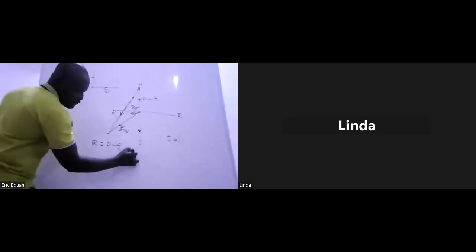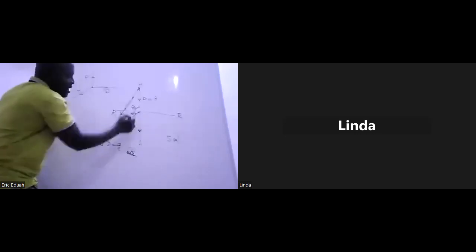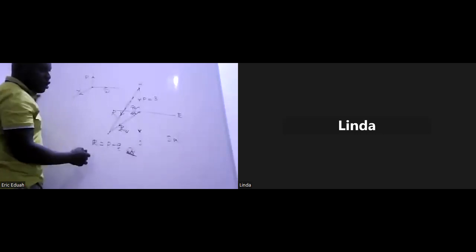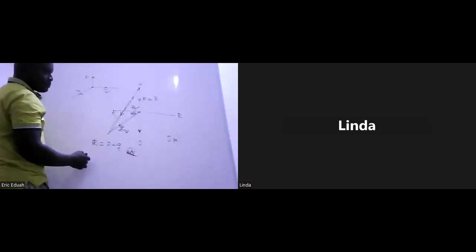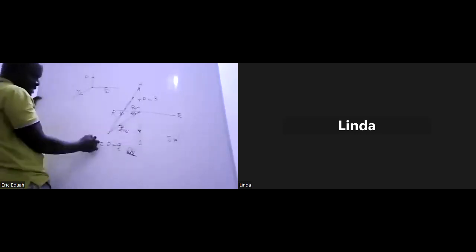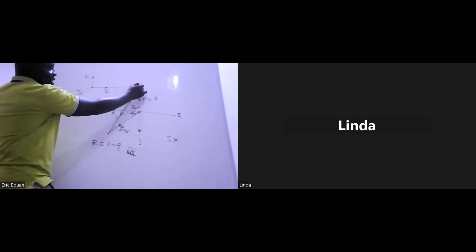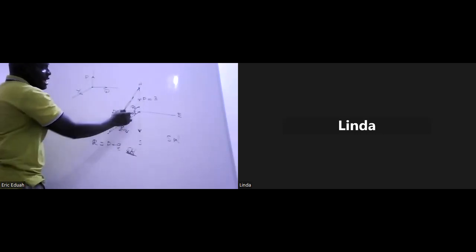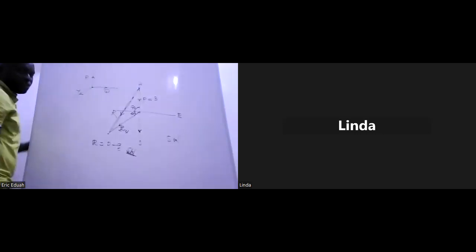If you are given such information, it means the vector divides the quadrant into 2 equal parts. So if it is acting here, this is 45. This is already 90. So 90 plus 45 is the angle between P and Q.